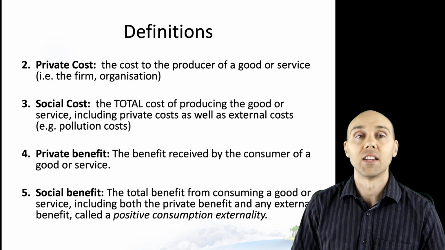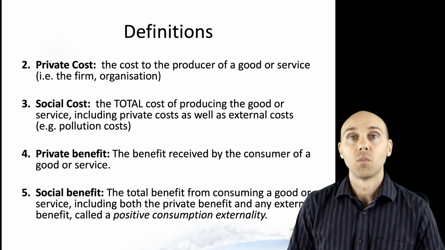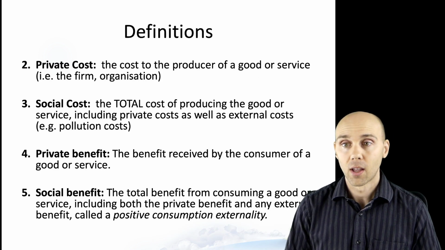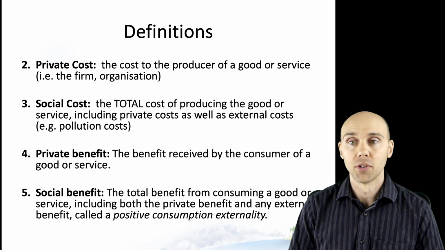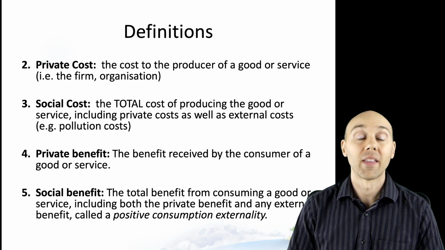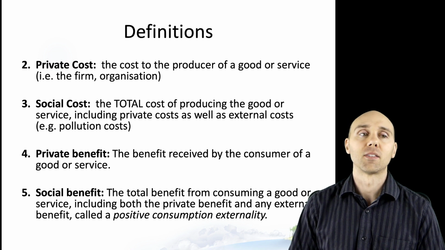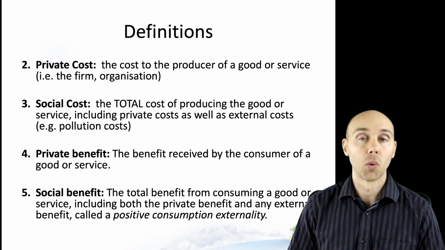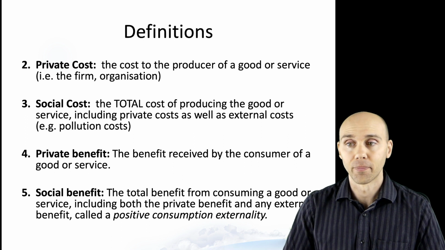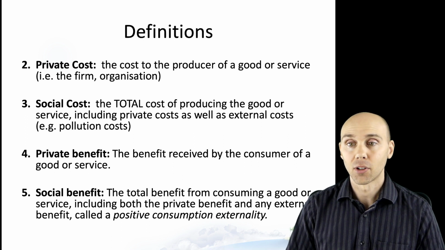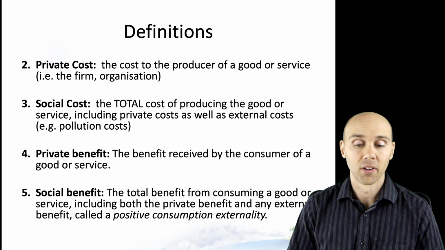Well, they can be affected in different ways. There can be a private cost. The private cost is that to the producer of the good or the service, but then there's the social cost. And this takes into account the cost that's being applied also to those who are external to that transaction. So these are these external costs there, or so-called pollution costs.